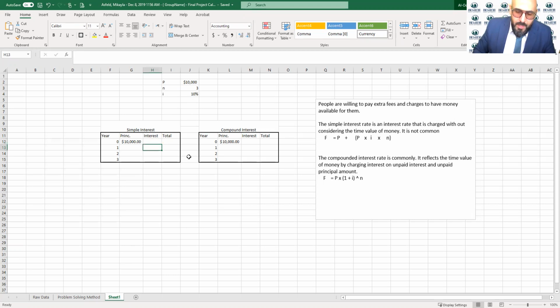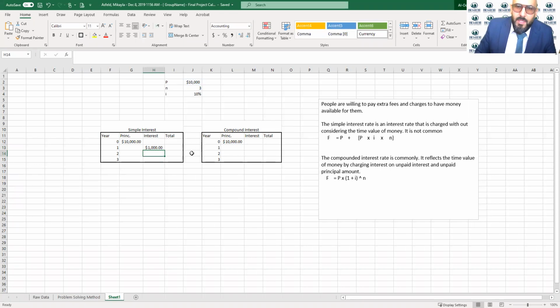So on year one, if we're dealing with a simple interest rate, that would be F equal to P plus P times I times N. To find out the interest by the end of year one, that would be the 10,000 times the interest I times N, equal to 1, for 1 year. So the interest would be $1,000. So the total amount would be the 10,000 plus the 1,000.